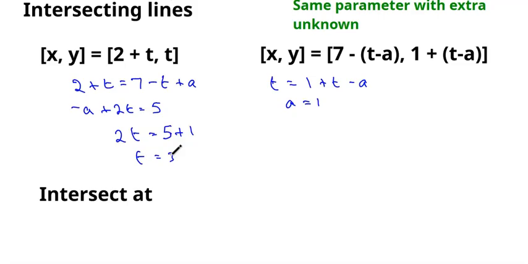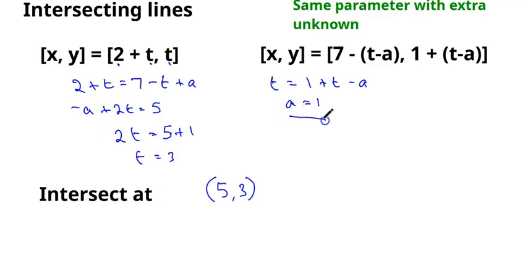So if I let t equal 3 in the first equation, I'll end up with 2 plus 3. I get the x value of 5 and the y value is t. So I get a point of intersection at 5, 3, which we saw in the previous video was the point of intersection of my lines when I used different parameters for both equations.